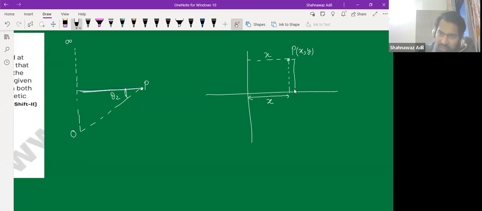How much is this distance? This is a coordinate point x comma y, so we have moved x distance in the x direction and y distance in the y direction. So this distance is y.